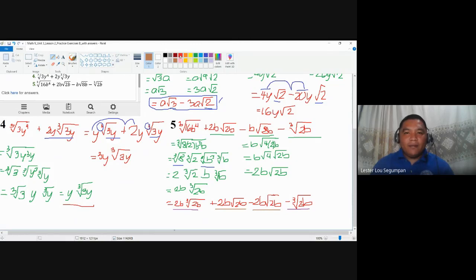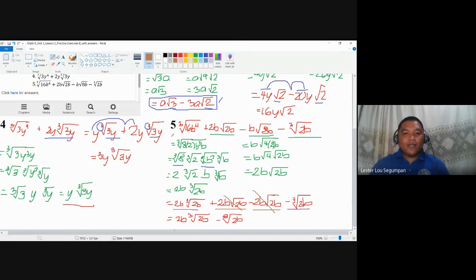So this would become, let's start with the first two, 2b cube root of 2b minus cube root of 2b. And then the second and the third will just be equal to 0, because 2b minus 2b is 0. 0 times 2b will have 0. Okay? So the value of that will be 0.